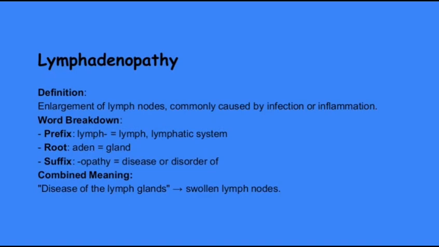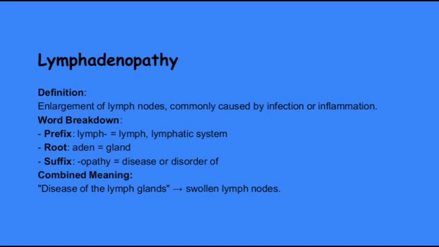Let's break the word down. We are going to start with the prefix lymph, which refers to the fluid in our lymphatic system. The root aden means gland, and the suffix opathy means disease or disorder.